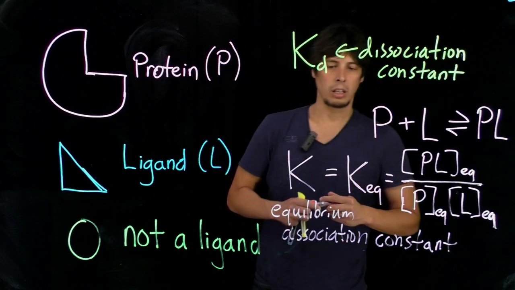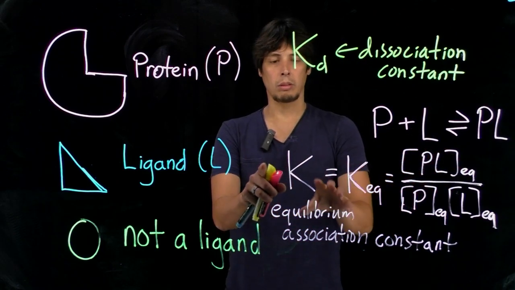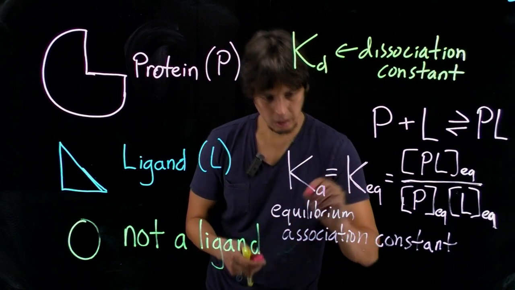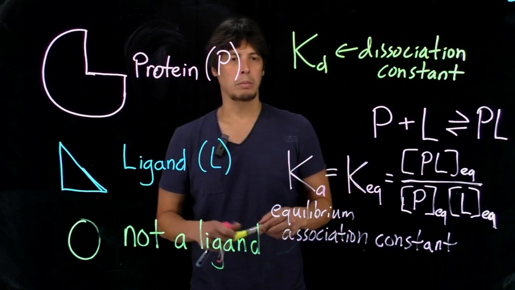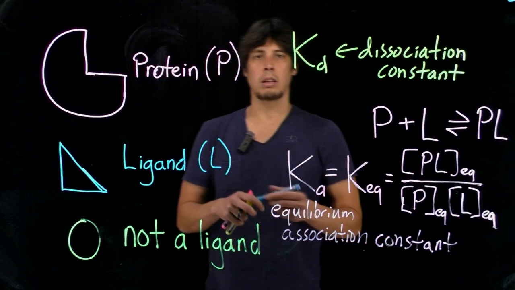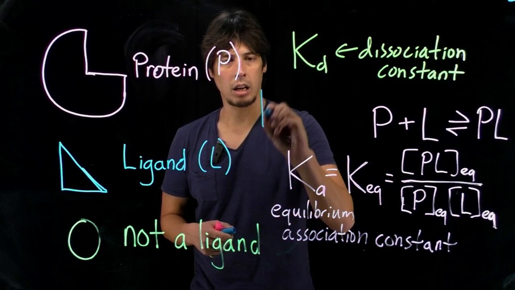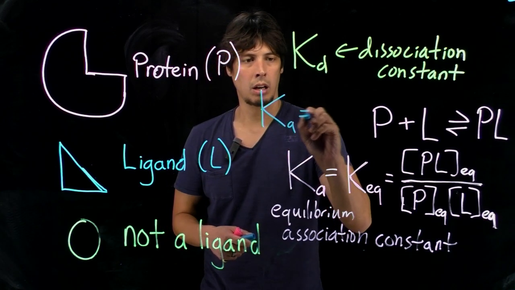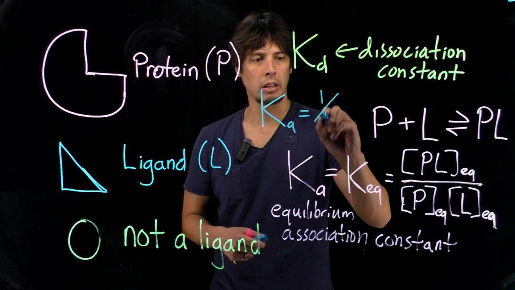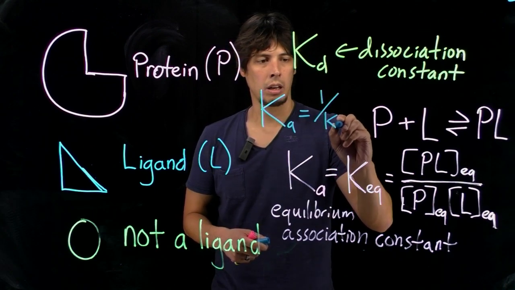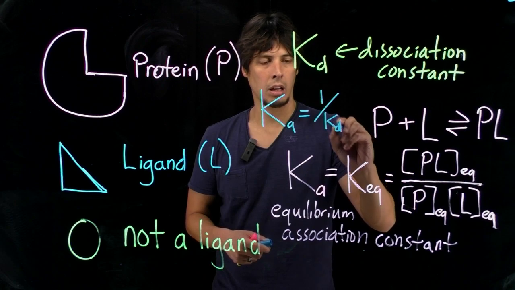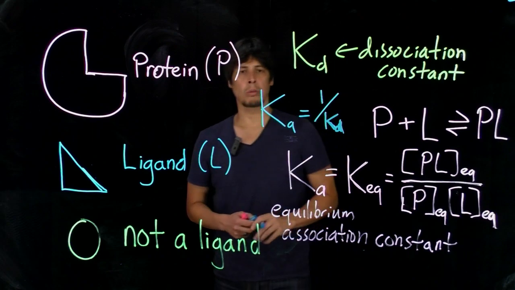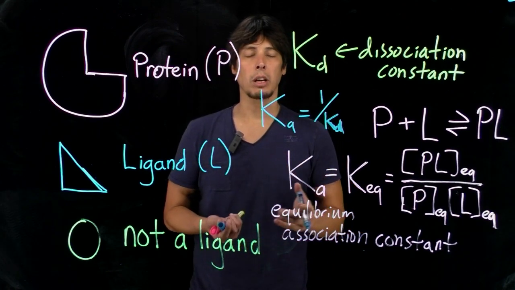Now, it's really simple to go from here, where if we have Ka, whoops, sorry, forgot the A, Ka to Kd, because Ka is simply equal to 1 over Kd. Okay? And so what we're really just looking at is we're looking at equilibrium constants here.